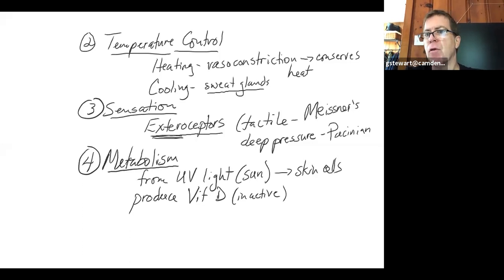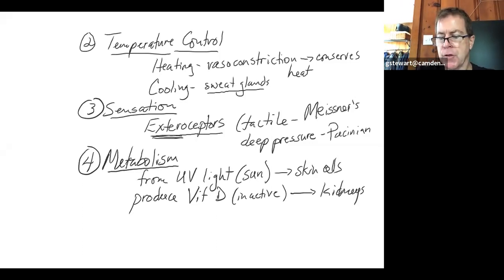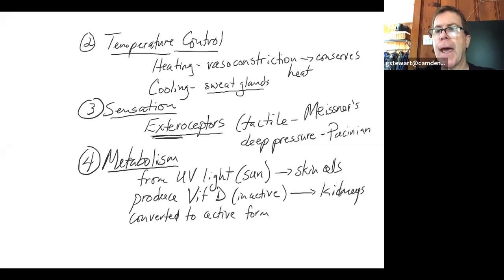This inactive form of vitamin D then goes to the kidneys, where it's converted to the active form of vitamin D. So our skin actually produces vitamin D.